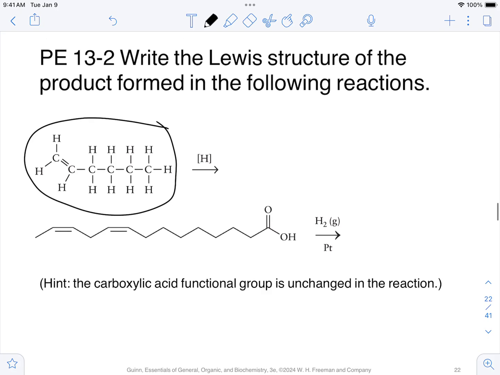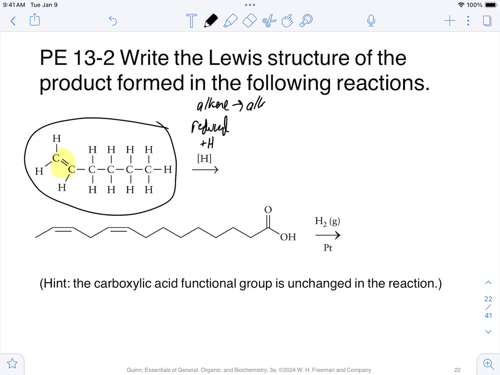What's going to happen here is this double bond, we're always looking for the double bond, is going to form an alkane. It's going to go from alkene to alkane because it's being reduced. So you are going to add H's.